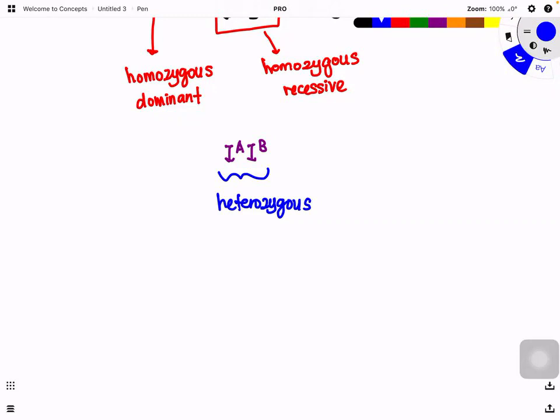There's no such thing as heterozygous dominant or heterozygous recessive. For example, other ones you can have are IA IO, IB IO. Because there are two different alleles, we term them heterozygous, but particularly special for IA IB, the blood group here is AB.